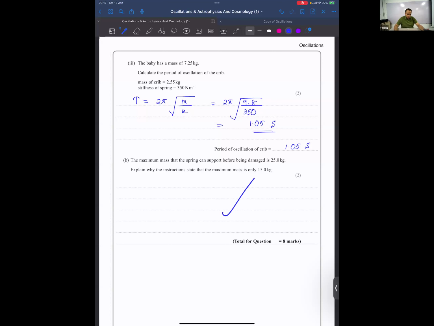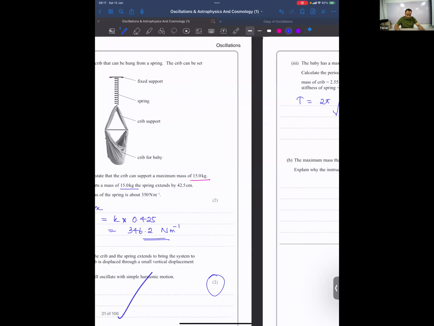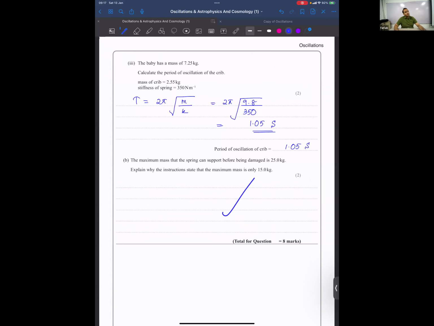When the crib is oscillating, its acceleration will increase as the displacement increases, and the force on the spring will increase.